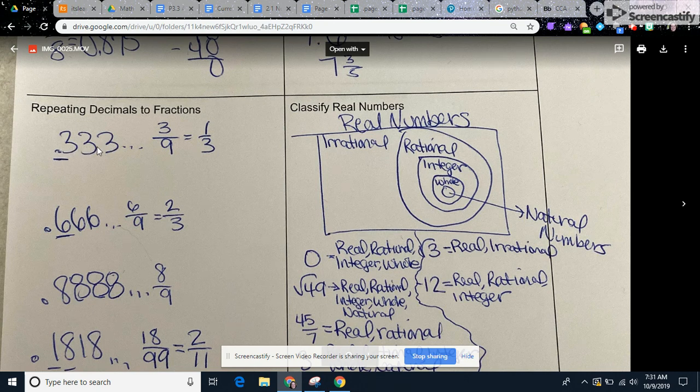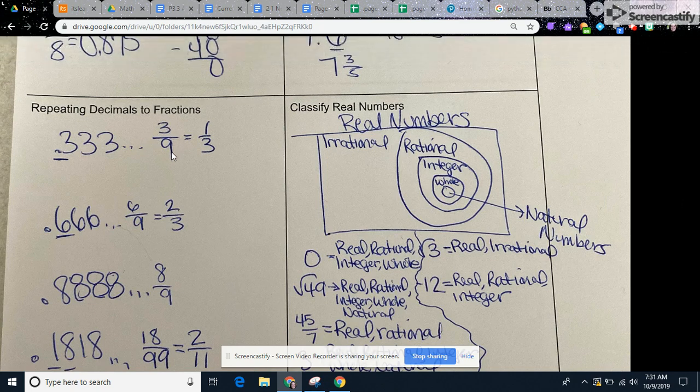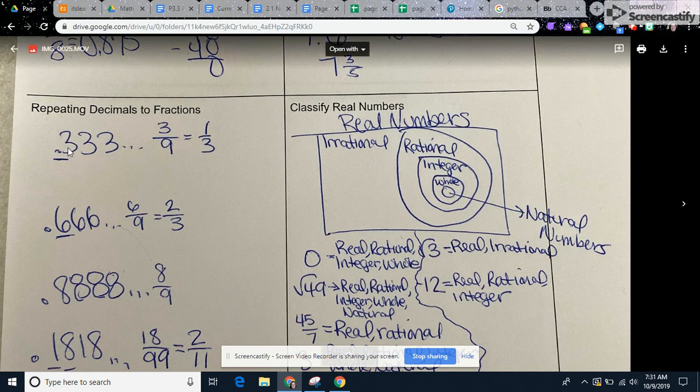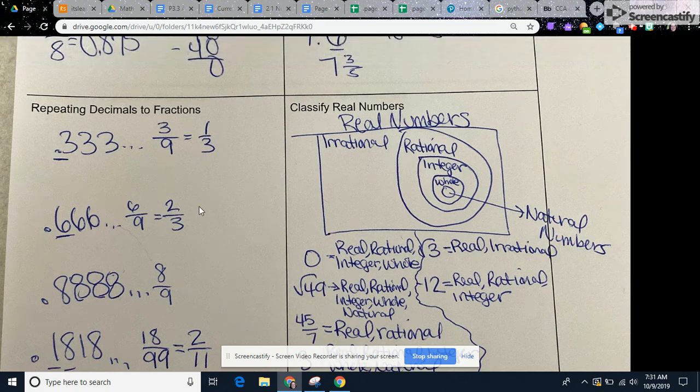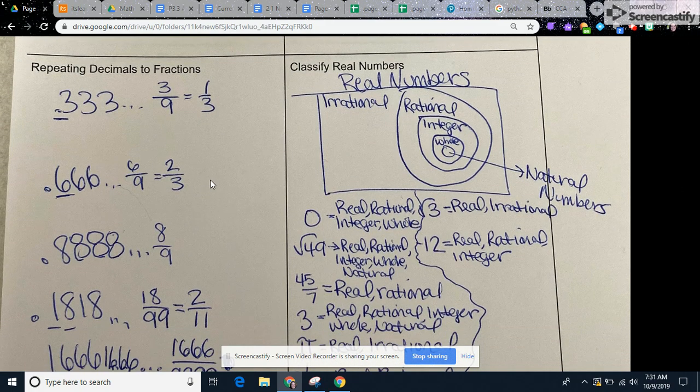In this case, the 3 is repeating. So I'm going to put it over 9 because there's only one number repeating. Just like up here, we were putting it over 10 or 100, depending on how many numbers. Here, we're going to put it over that many 9s. One number repeating, put it over 9. 3/9 equals 1/3.